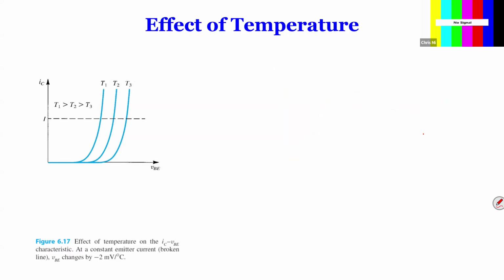When temperature increases, it's moving this way. Suppose you're at 25 degrees C, you're here, but when you increase temperature, this voltage drop reduces. That is important because when we design electronic circuits, we have to consider two temperatures.